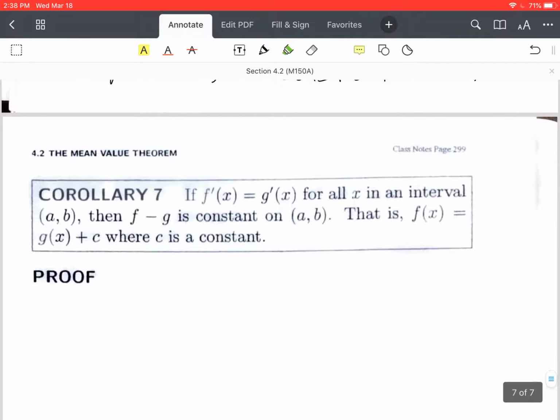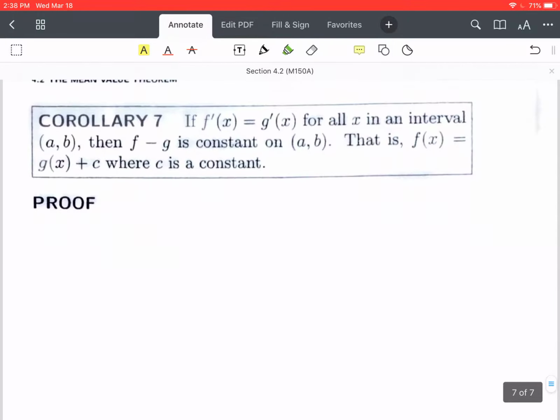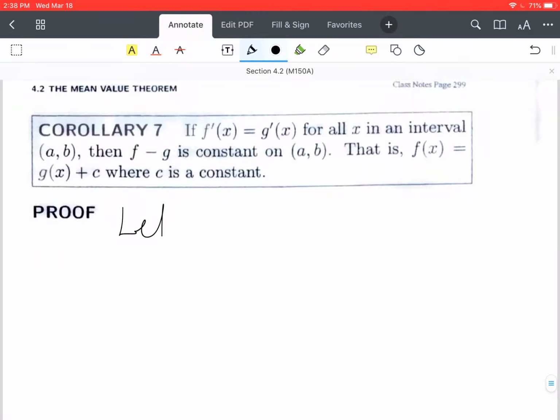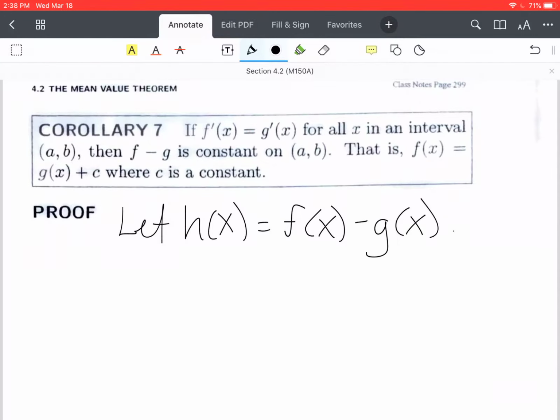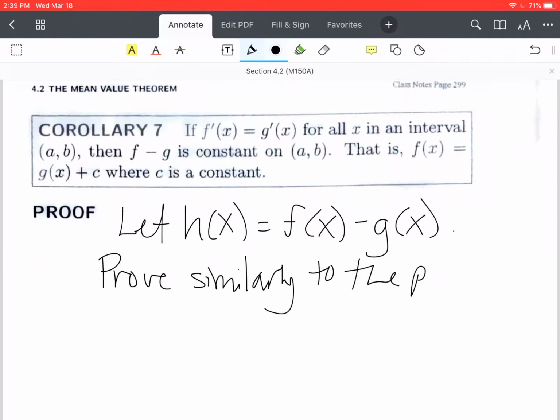Now, this last one down here, this corollary 7, is very similar to the one we just did, so we're not going to go through the whole thing together. But what we would do to set this up is we would let h of x equal f of x minus g of x. Once you set up h of x, we prove similarly to the previous for h.